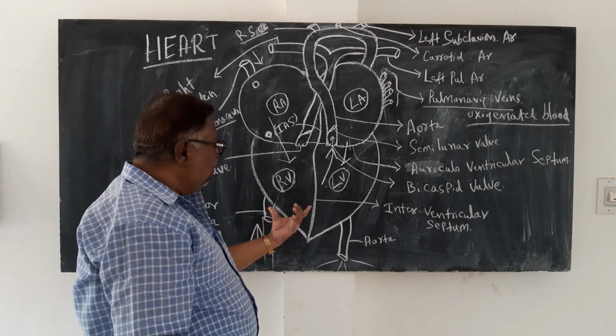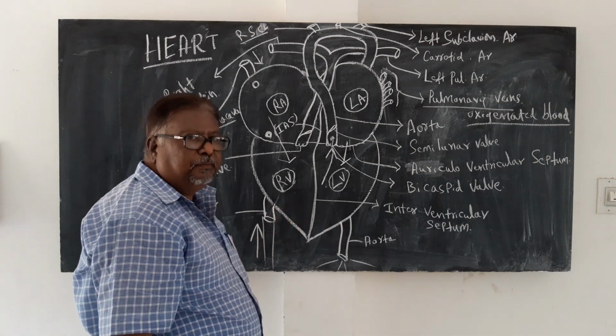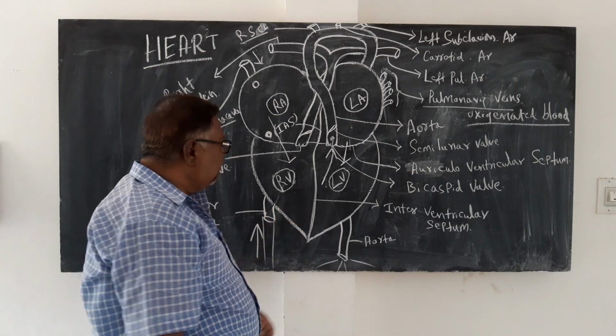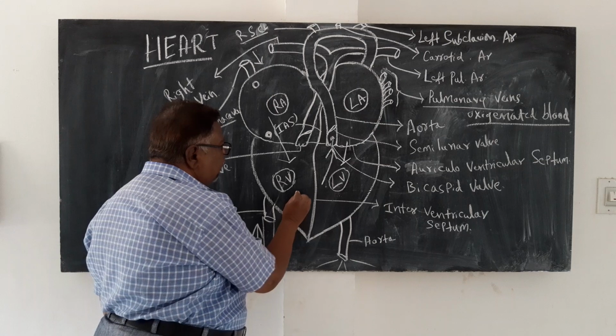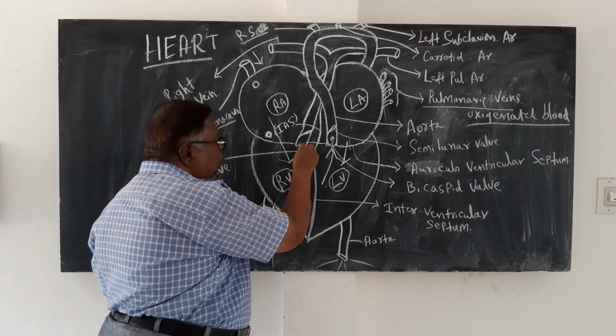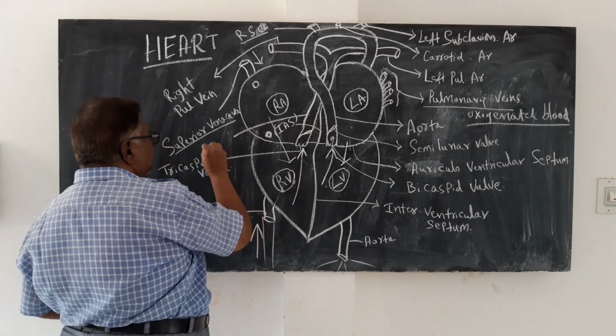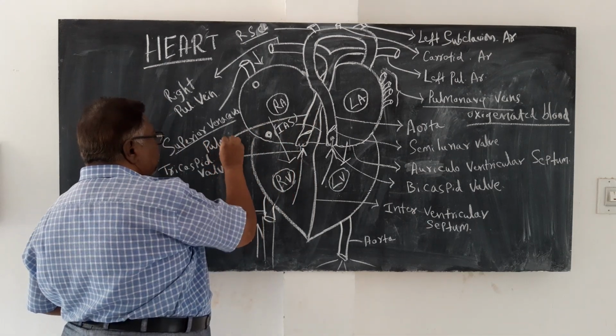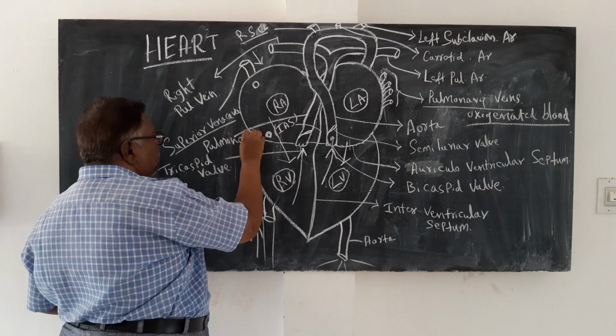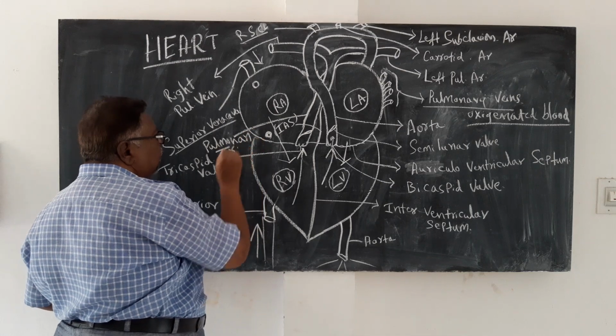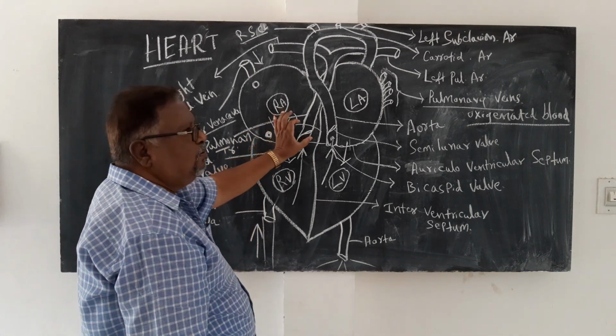So when the contraction of the ventricle takes place, the blood from the right ventricle moves into the pulmonary trunk. This is the pulmonary trunk, the main trunk.